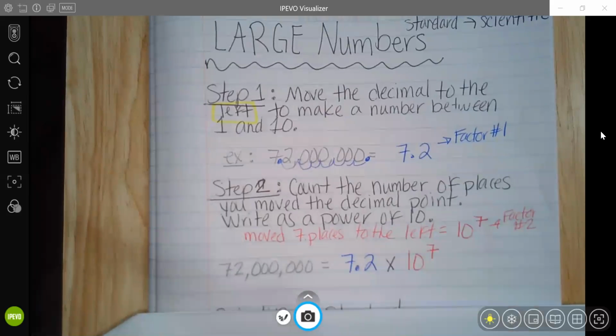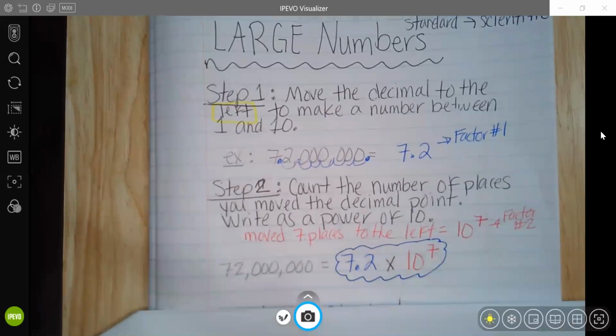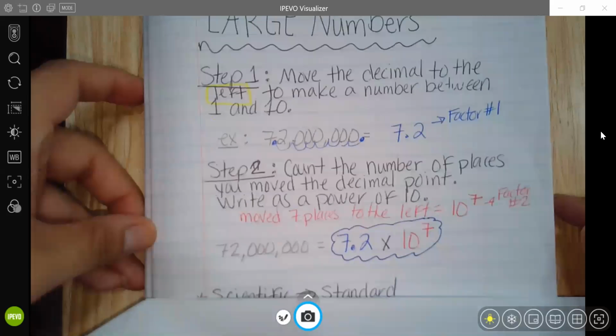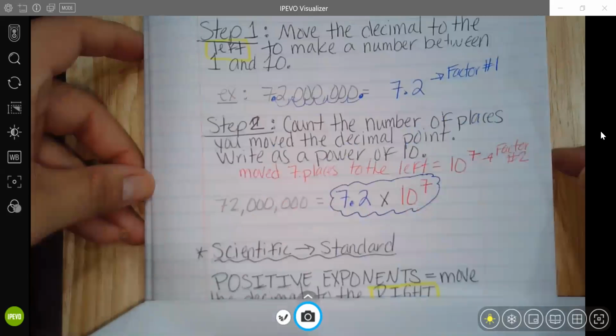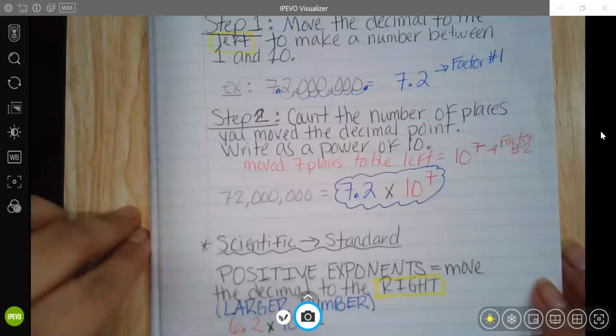So this right here is our scientific notation for 72 million. Easy, right? Any questions? I think I like scientific notation. It's a pretty easy topic. It's harder to go up in scientific notation than to go down. Because when I went to Laredo, I got more questions wrong going up. Oh, wow.